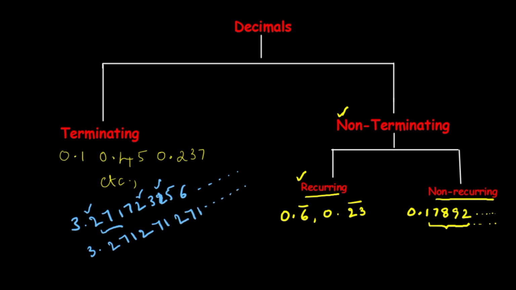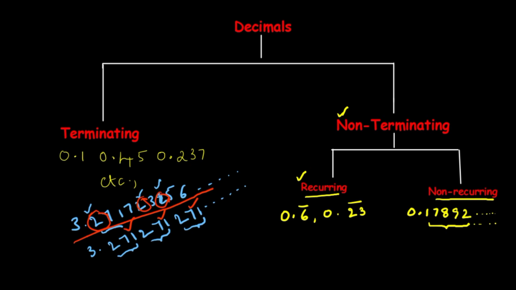If you observe here, this 271 is the number repeating in these decimals, right? It is continuously repeating, so that it is a non-terminating recurring decimal. But the above one is a non-terminating non-recurring decimal. Of course 2 is there, but it is not repeating in a continuous order, like this example 271, 271, 271. I hope you understood this, right?